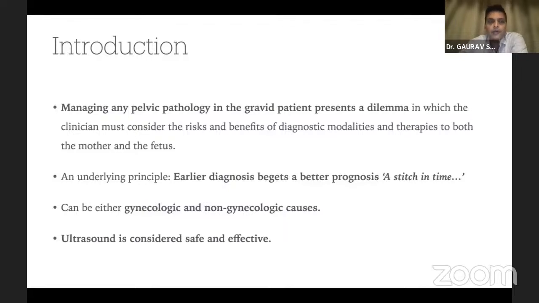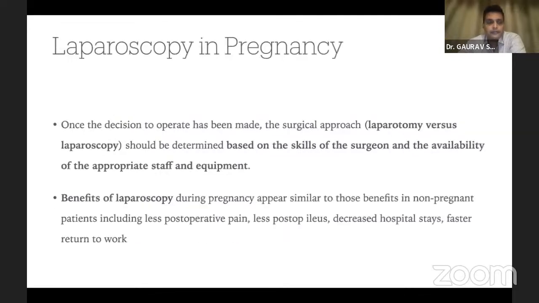So a number of causes can cause a pelvic pathology. These can be gynecological, for example, ovarian cysts, as we have discussed today, or they could be non-gynecological, for instance, appendicitis. And ultrasound now is considered safe and effective and the standard of evaluation in a pregnant woman.